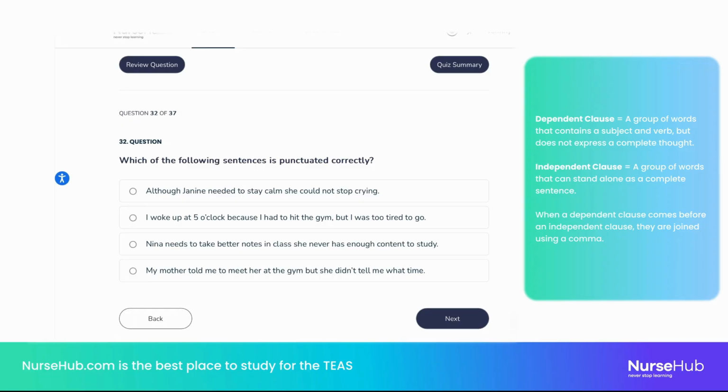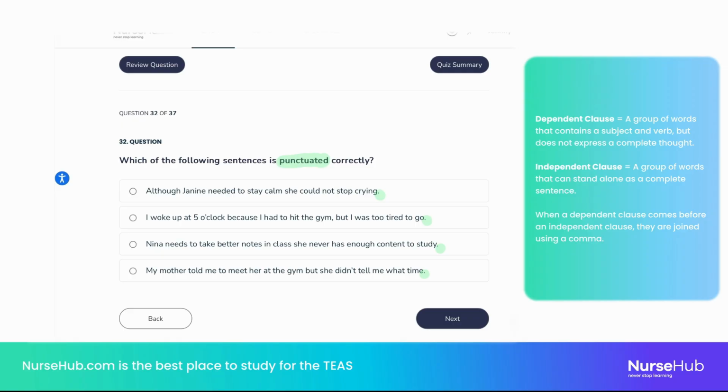Question number 32. Oof, we're going to be like 5 left. This is great. Which of the following sentences is punctuated correctly? All right, so there we are looking at punctuation again, okay? And we have 4 completely different questions. Now, first thing I notice, all of them have the end punctuation. So that means we're looking at in-sentence punctuation again.